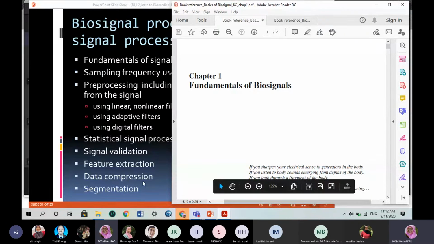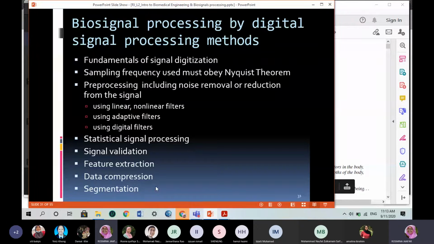Okay, and the fundamentals of signal processing: biosignals that are present are in analog format. Analog means continuous. So the first step you have to do in order to do the processing is to digitize it.